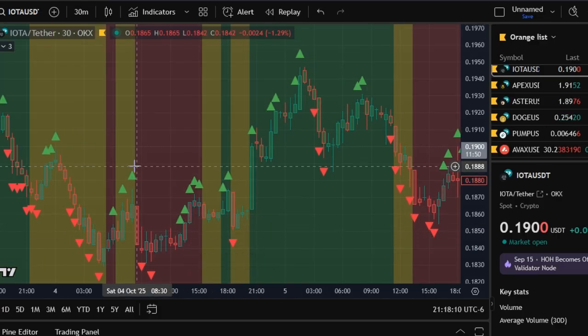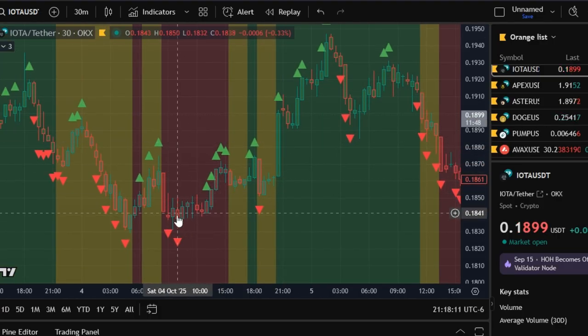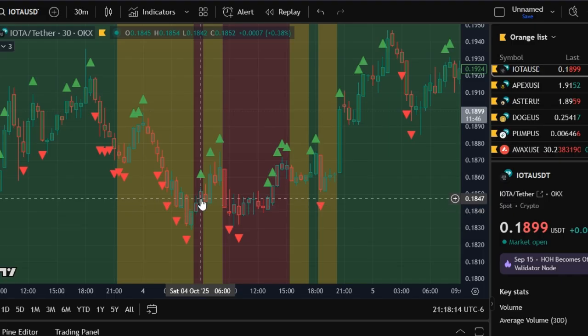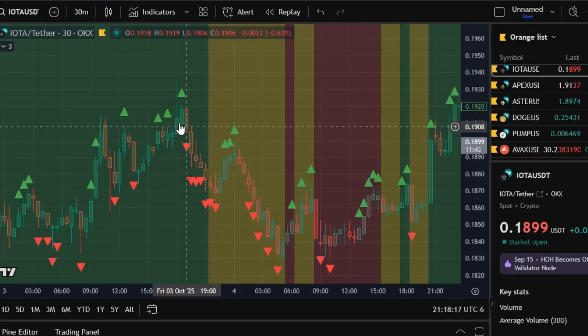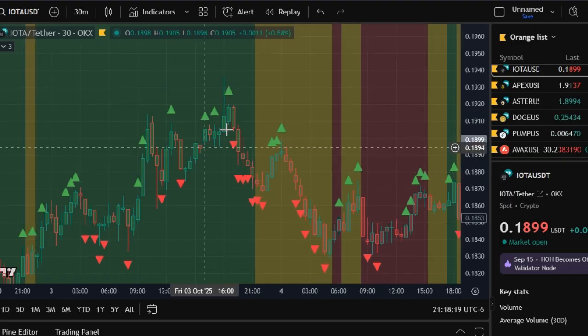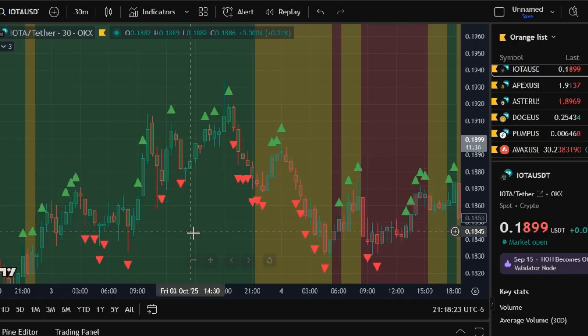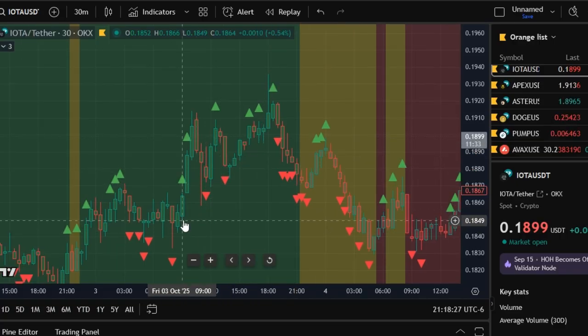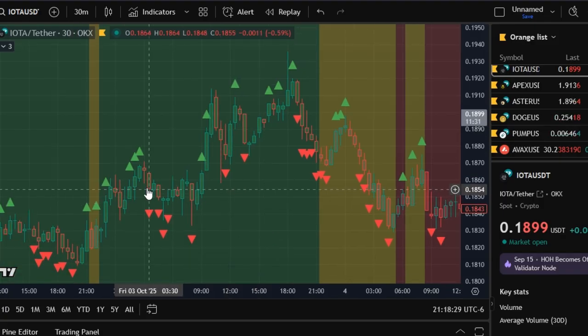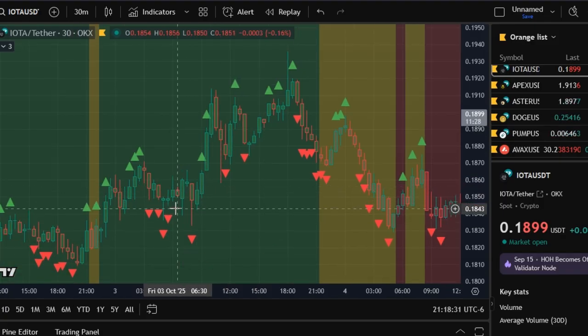This was a profitable long, a very small short, so not so much. A profitable long, a profitable short, a small long, a profitable short, a profitable long, a false signal right there, so minor losses maybe. Another false signal right there, minor losses, a profitable long. This was in range, but maybe profitable to some extent.